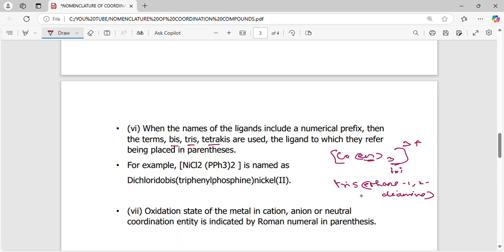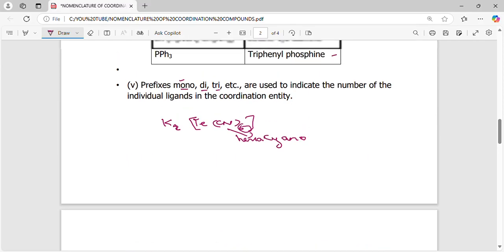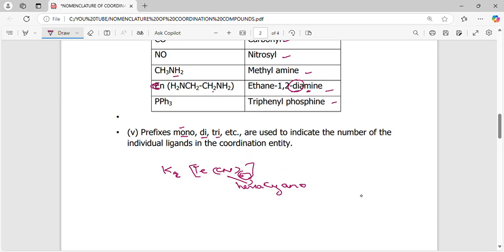One another example which I have written already here: NiCl2(PPh3)2. Here it is twice, 2. Normally 2 represents di, but in this case we need to use bis. So this rule is mainly applicable for the last 2 ligands, ethane-1,2-diamine and PPh3, triphenylphosphine.